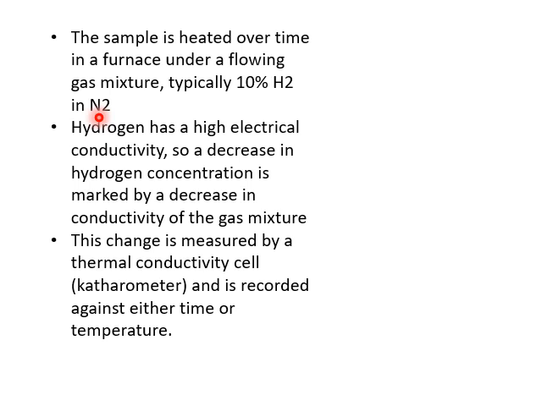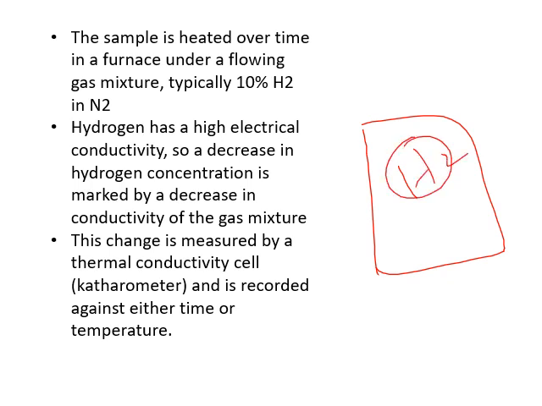Hydrogen has high electrical conductivity, so a decrease in hydrogen concentration is marked by a decrease in conductivity of the gas mixture. So inside the furnace, when hydrogen concentration decreases, electrical conductivity also decreases.